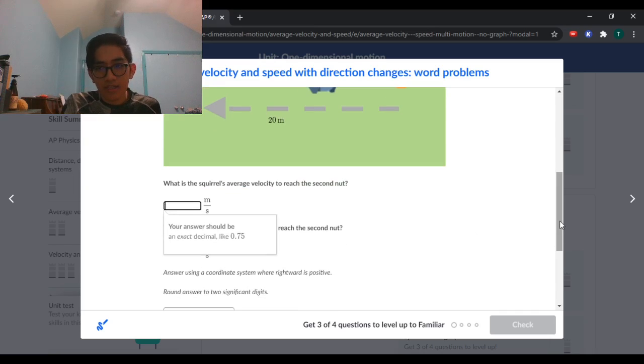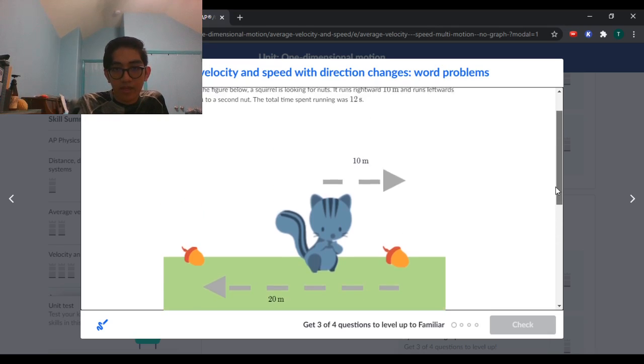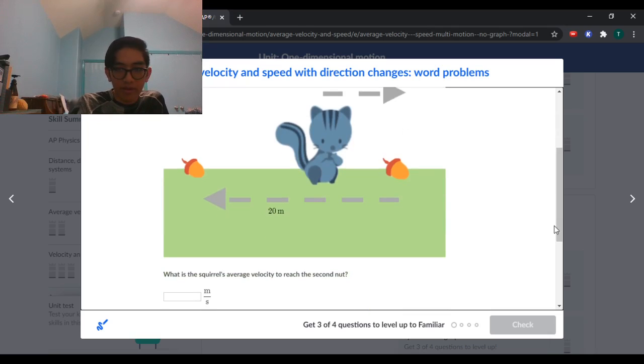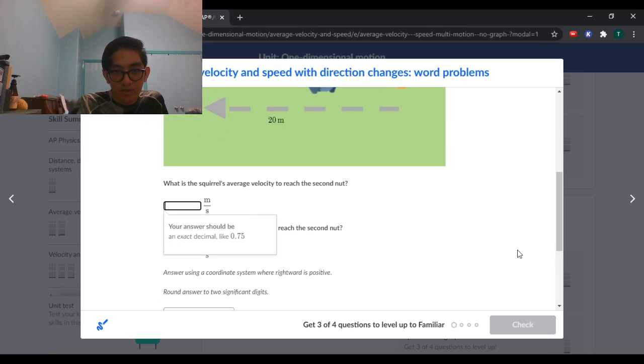So if that's the case, then that is negative 10, right? Because remember, it's negative 10 minus this initial position, which is 0, minus 0, over the time spent, which is 12. Well, there you go. That's the average velocity. It is negative, and I need to make sure that this is correct. It's two significant digits.